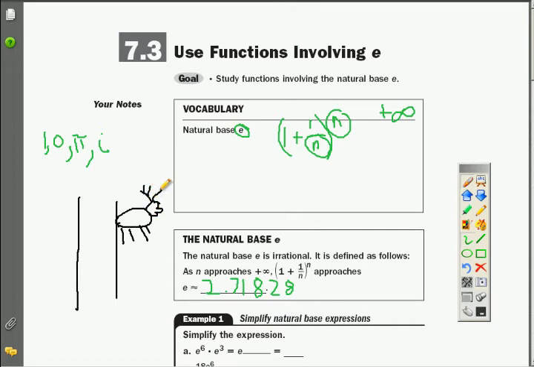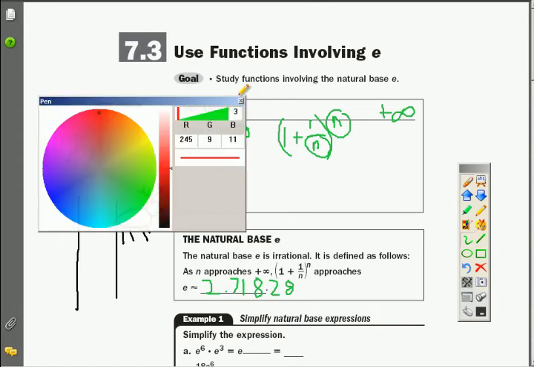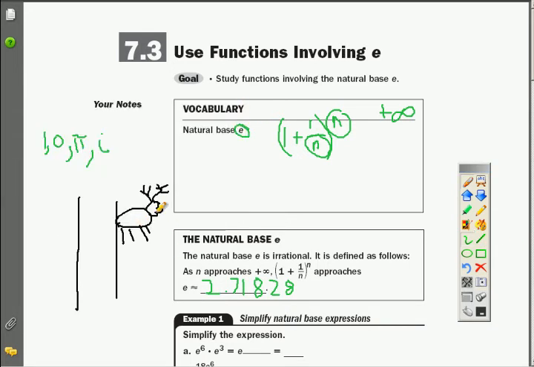We'll draw this little deer here. The deer that got hit on the side of the road and his tongue is hanging out, he continuously decays and decays and decays. And that's where our continuous e comes from.